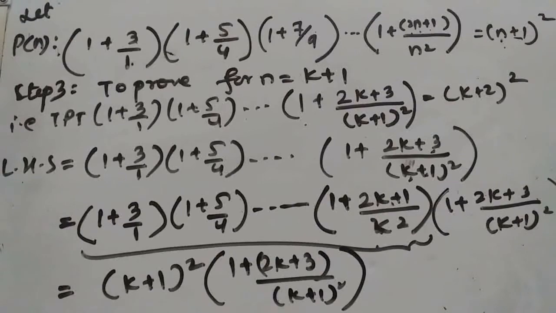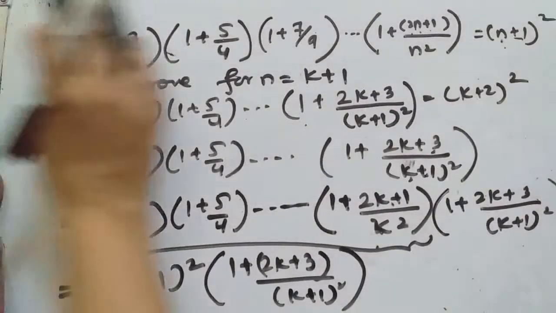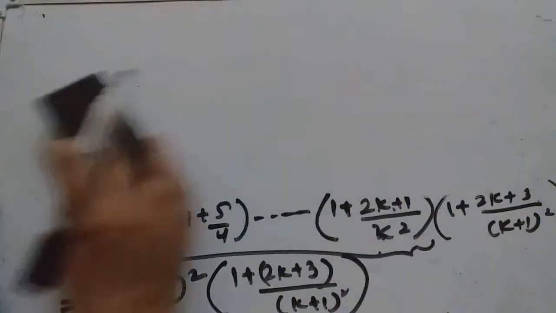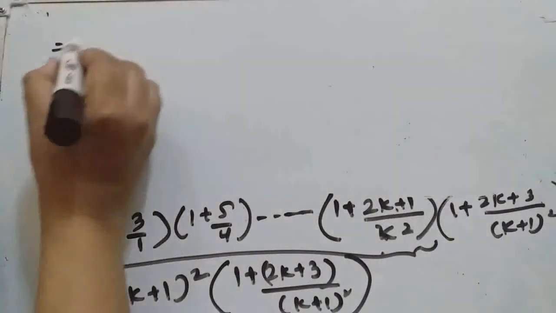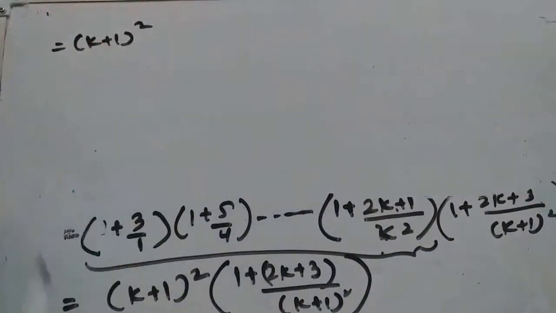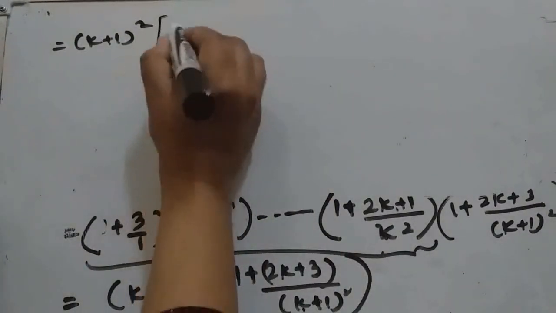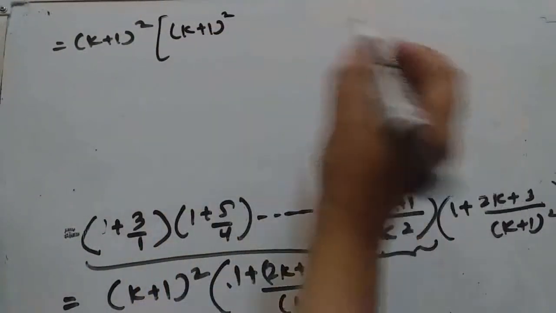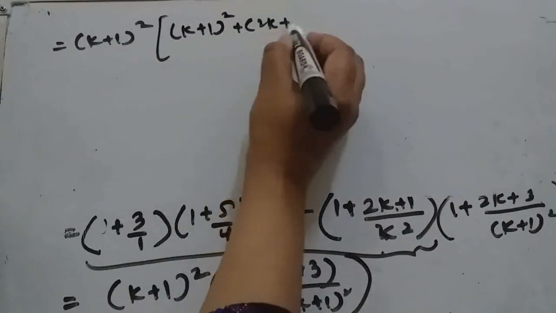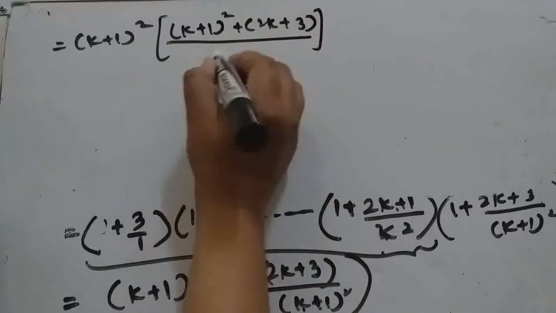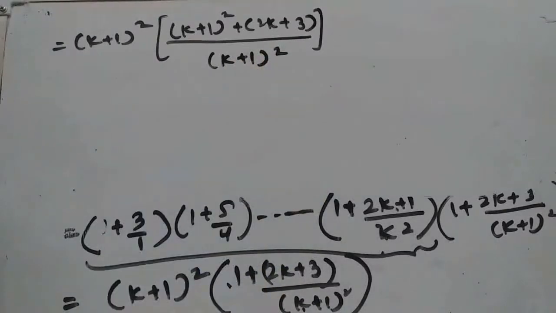Now here we will do cross multiplication. So (k plus 1) whole square is already there, and here cross multiplication gives (k plus 1) square plus 2k plus 3, denominator (k plus 1) whole square. So this will go, isn't it?